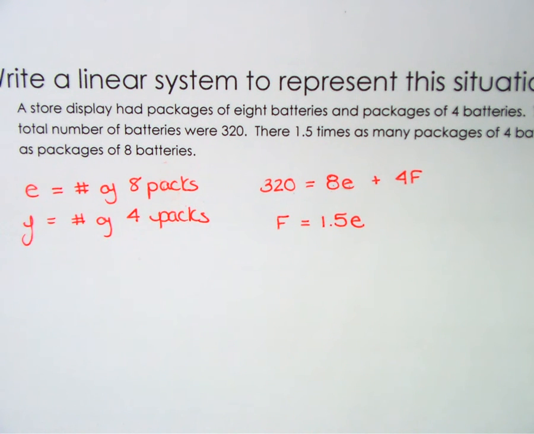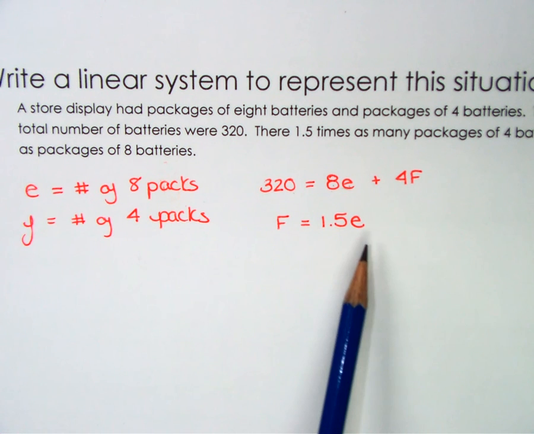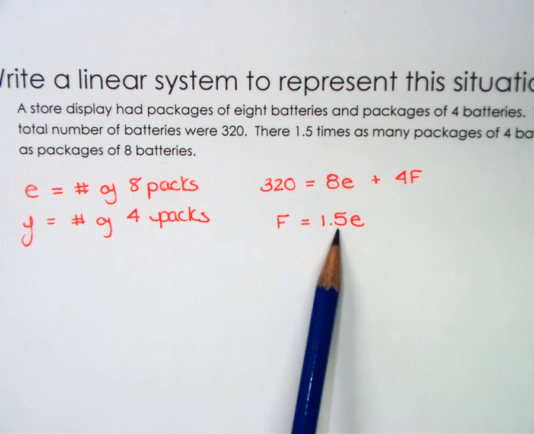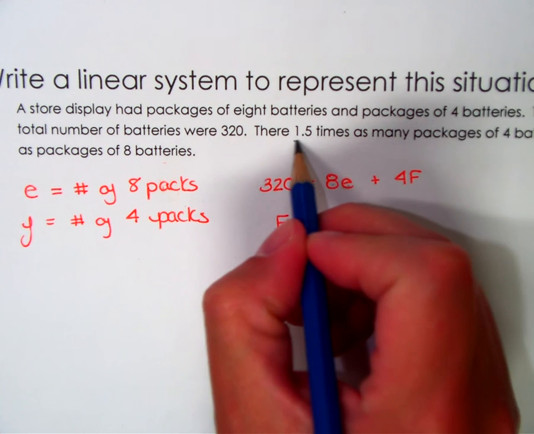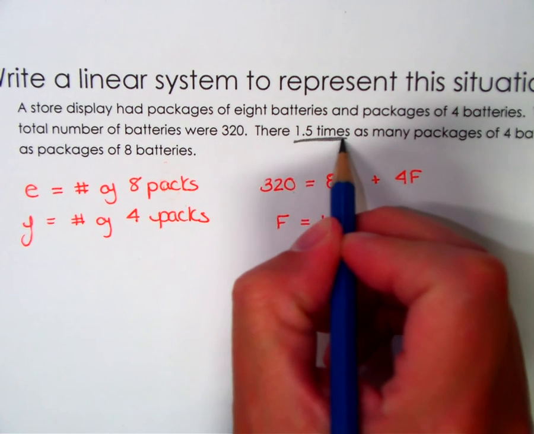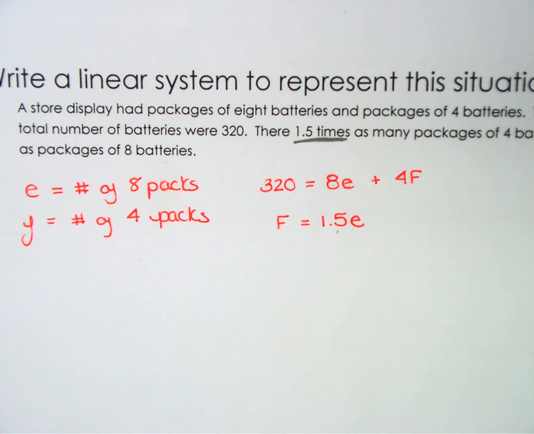The 4-packs or the 8-packs? 4 packs. So I'm going to have to take my 8-packs and times them by 1.5, because it says right there, 1.5 times. It even told me the multiplication. I have to multiply. So that one's a little bit different.